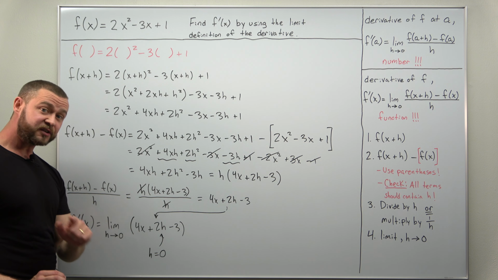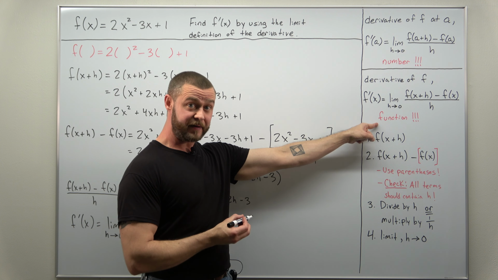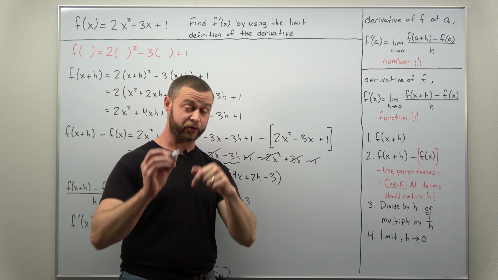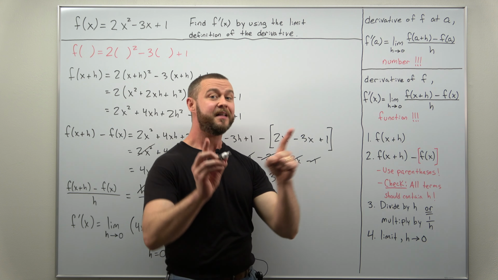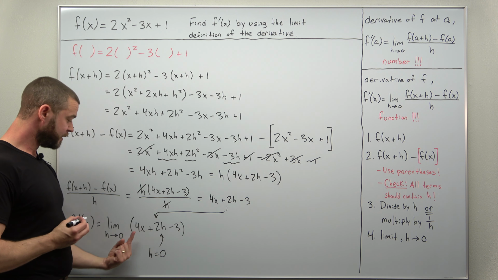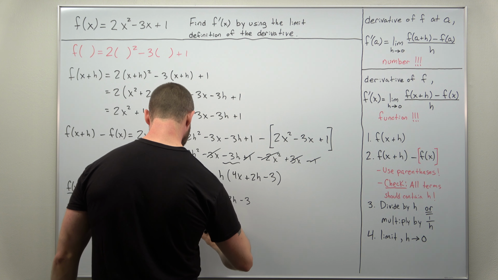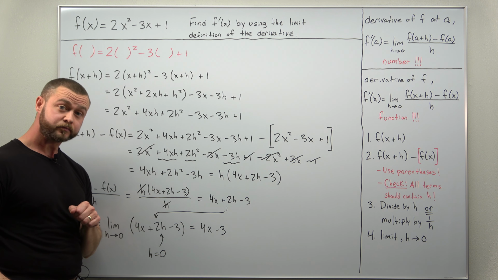And you get as your answer, remember, you typically should expect a function of x for your answer here for the derivative of a function. The derivative of a function at a point, that comes out to a number. And we do get a function of x here, 4x minus 3.